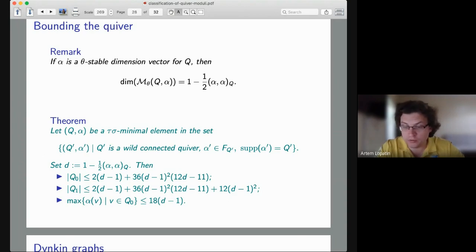If we are asking about separating invariants in this case, so we are not considering all representations, but maybe just semi-simple ones, will it give us some additional benefits?